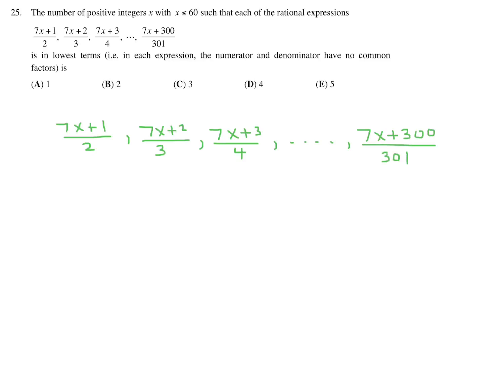They say to you that get all the positive integers from obviously 1 until 60 inclusive. And how many of those, there's obviously 60 of them, if you plug them into these fractions, will give every single term in lowest terms. Does that make sense? All right.